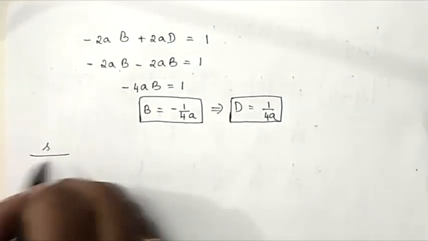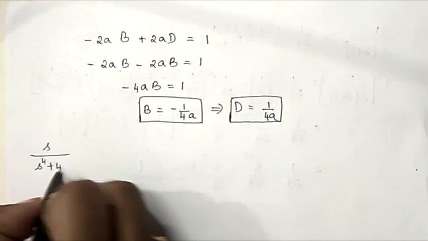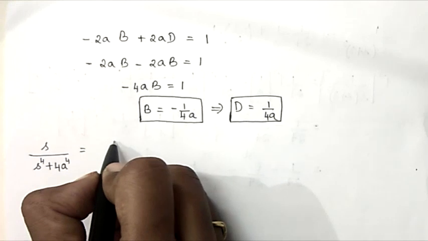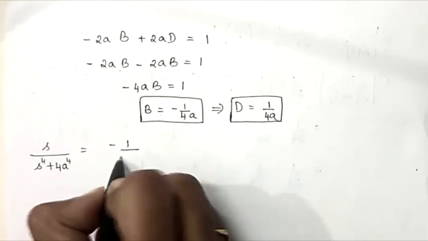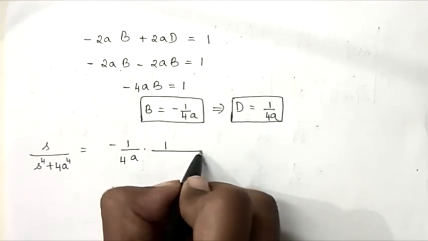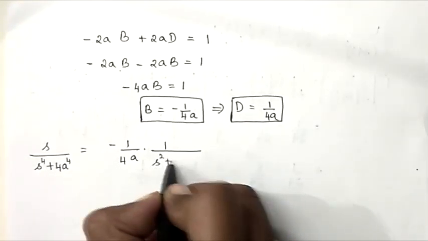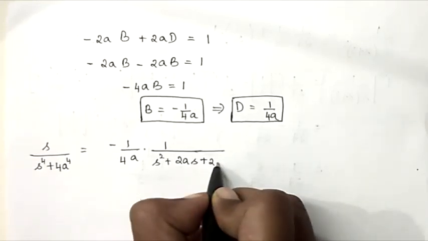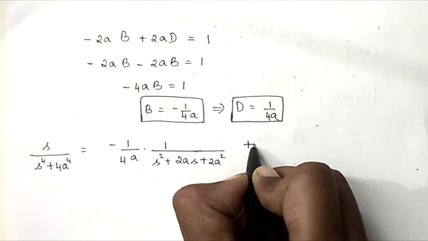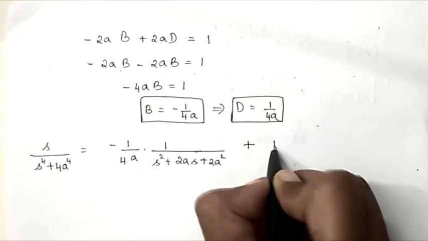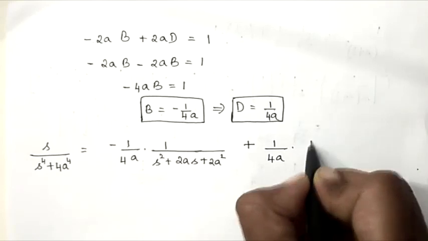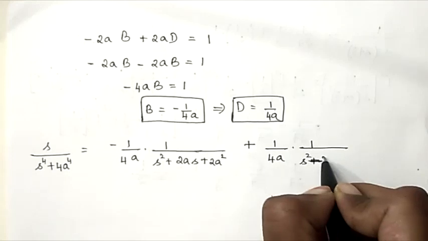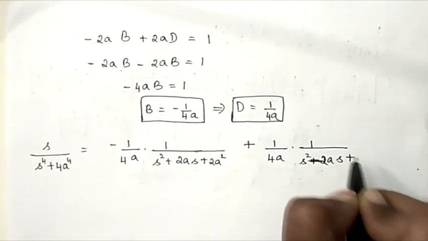s divided by s⁴ plus 4a⁴ is equal to (as plus b) over the first quadratic plus (cs plus d) over the second. A is 0. So I get b, which is minus 1 by 4a into 1 divided by s² plus 2as plus 2a², plus c is 0, and so I get d is 1 by 4a into 1 by s² minus 2as plus 2a².